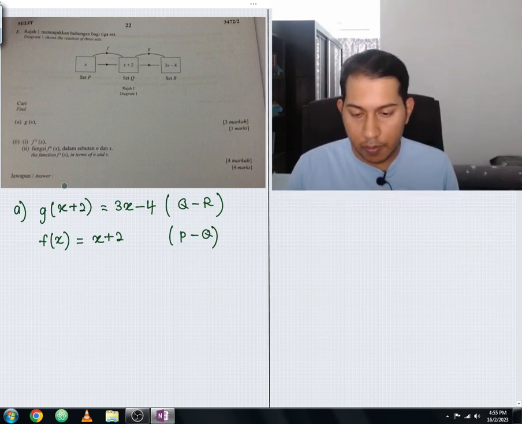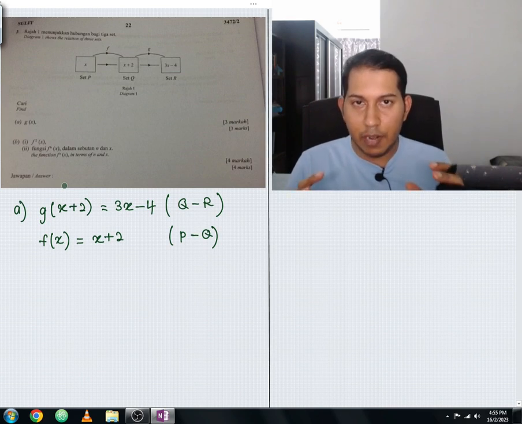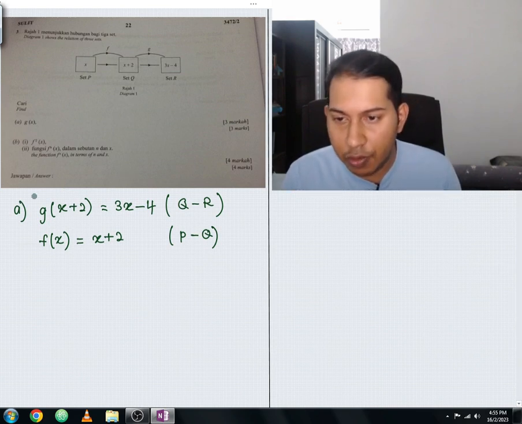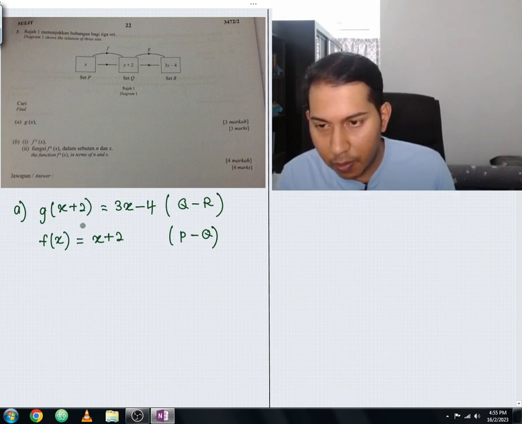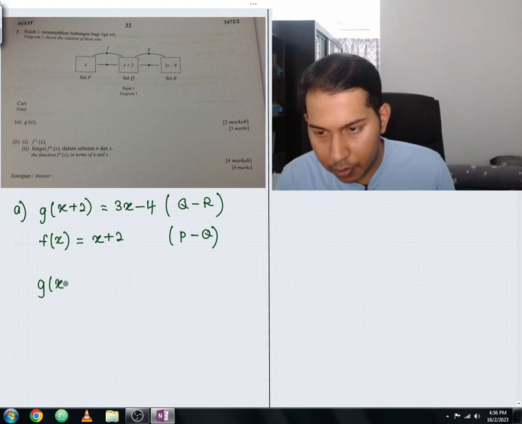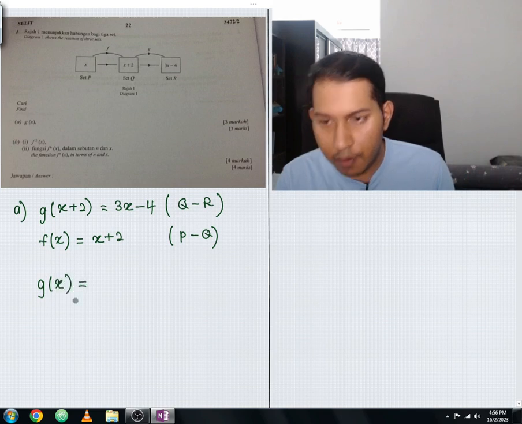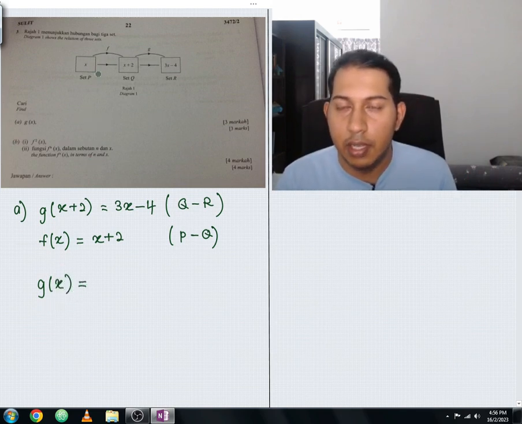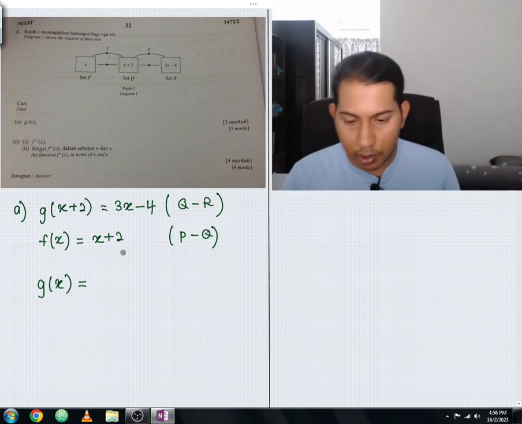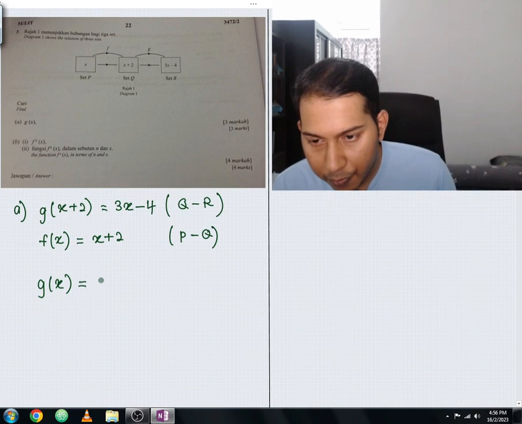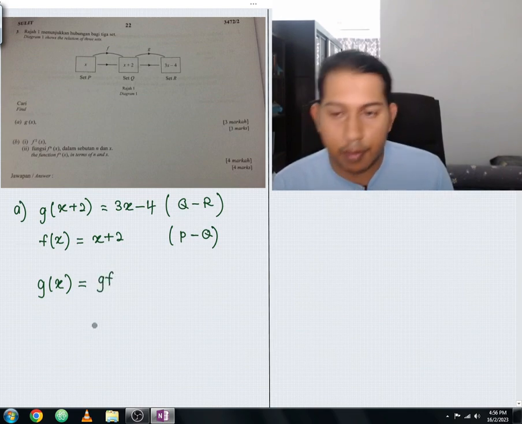Let me write down a general equation that we can use to solve this problem. In order for us to find g(x), remember that this whole thing is a composite function. We're going to write this as gf.